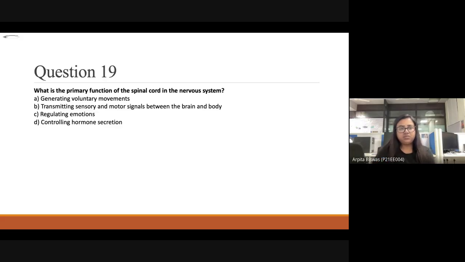Question number 19. What is the primary function of the spinal cord in the nervous system? First option is generating voluntary movement. Second is transmitting sensory and motor signals between the brain and body. Option C is regulating emotion, and option D is controlling hormone secretions.